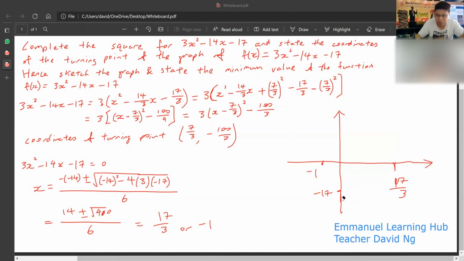This one not drawn to scale. Okay, like that. It's -17. Here is how many? 7/3. Here is -100/3. Like that.